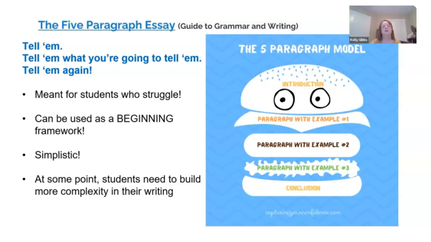So we start with tell them what you're going to tell them. In the first paragraph, the introduction, let's say the student wants to write about hockey. They've played hockey, they have background knowledge in it, they know what hockey is about. So they write, hockey is the most sensational sport in the world. You need to know some things in order to play a good game of hockey.